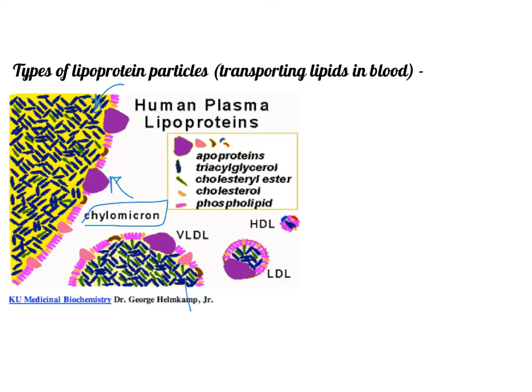Whereas VLDL also transports TAGs, but maybe it's more like a FedEx van. And then the HDLs and LDLs might be like little drones. So all the lipoprotein particles are just for transporting. They just carry lipids and drop them off and pick them up. So we're just going to go through them from smallest to largest.